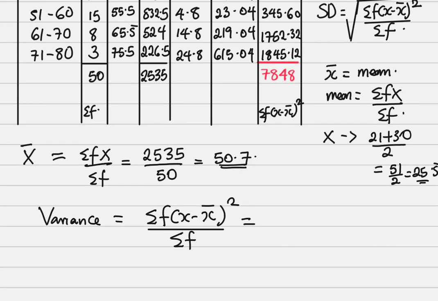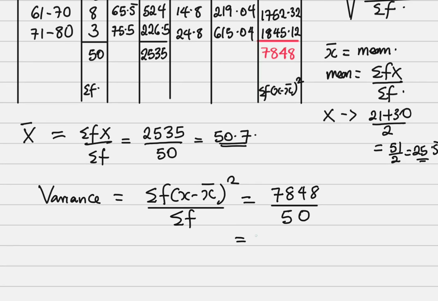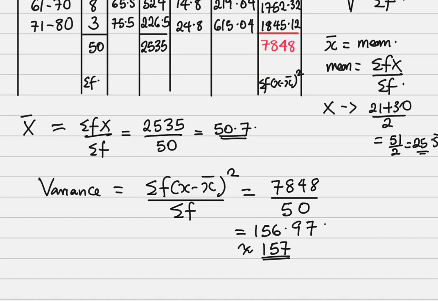So automatically, it means this is going to be 7,848 all over 50. And this is what we are going to get: 156.97. So approximately we have 157. Very good. So we now have our variance.